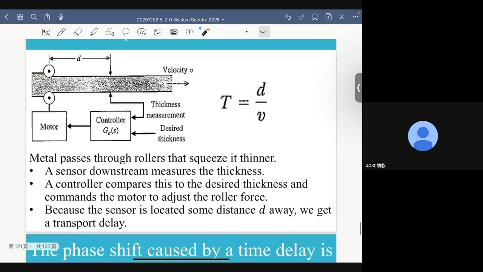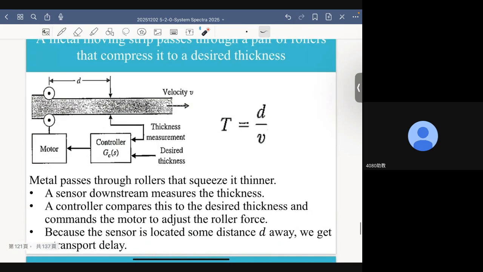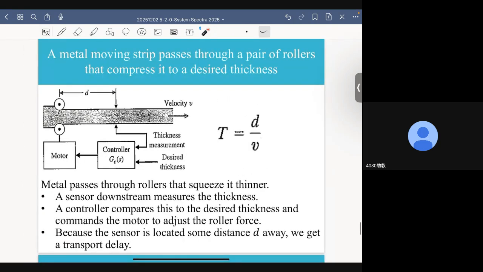All right. Let's look at another example to demonstrate why time delay is an inevitable factor in real industry applications. Here, what we have is a metal moving strip passing through a pair of rollers.